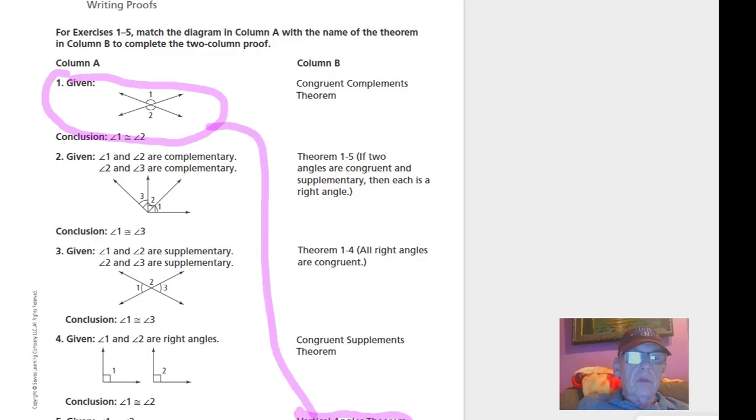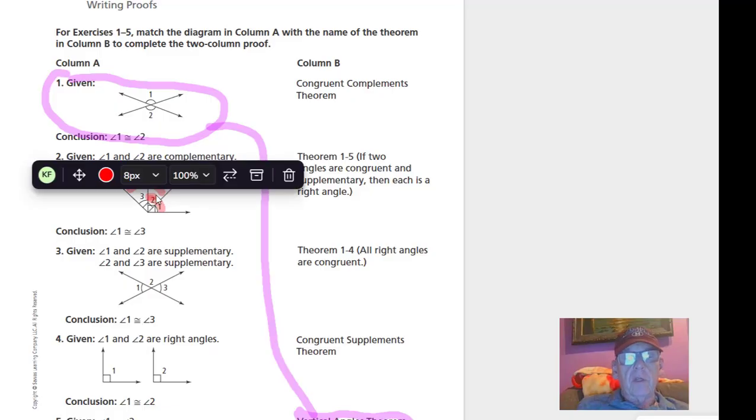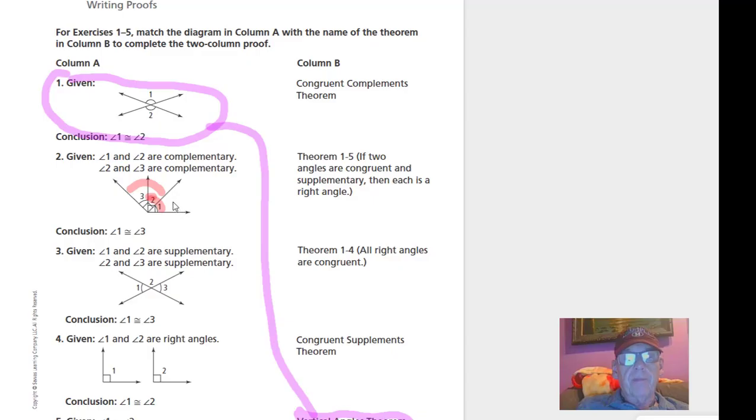Okay, let's look at number 2. Given that angle 1 and angle 2 are complementary, these two angles add up to 90 degrees, and also that angle 2 and angle 3 are complementary, we can see then that angle 3 and angle 1 must be the same measure. As an example, if angle 2 is 30 degrees, if 1 and 2 are complementary, 1 must be 60 because complementary angles add to 90.